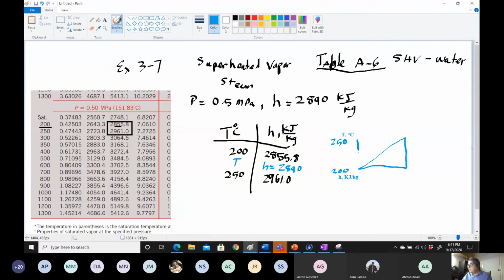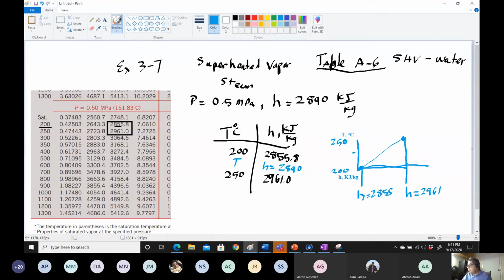Right. And so if this is your T and this is your H column, at 200 you have an H equal to 2855, and over here your H is equal to 2961, right? So you've got this point and that point.